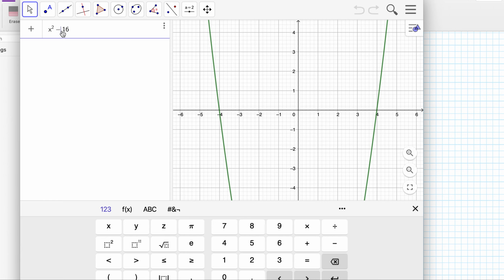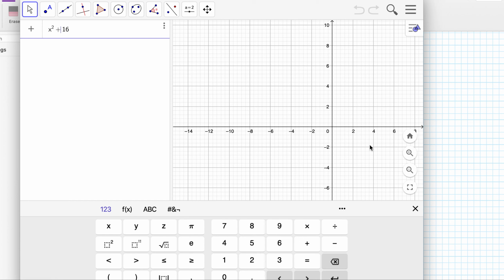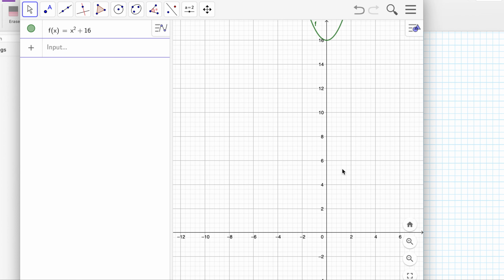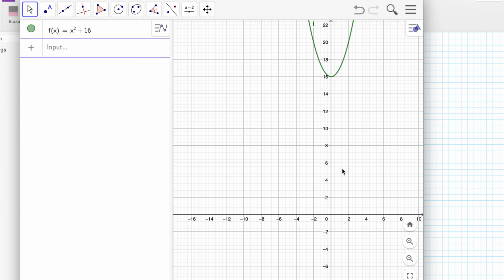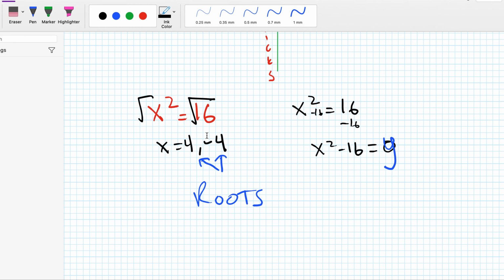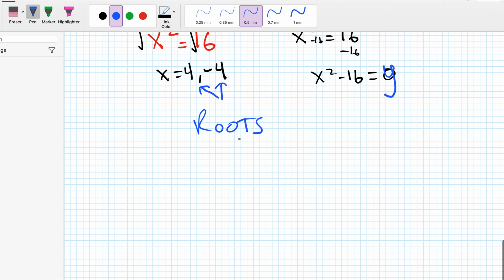And if we change it to plus, it would go up 16, and we would have something called negative roots. And the reason for that, I mean, we may not have covered it yet, but in algebra we do mention negative square roots. I just change it to x squared plus 16.